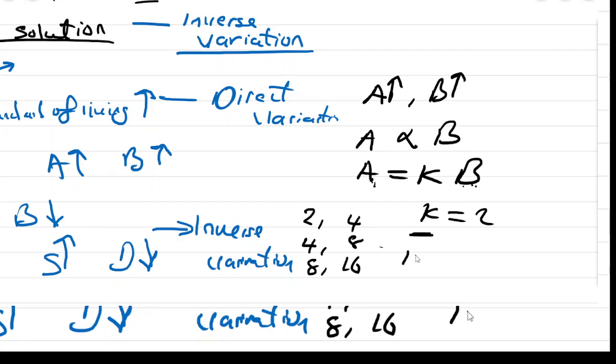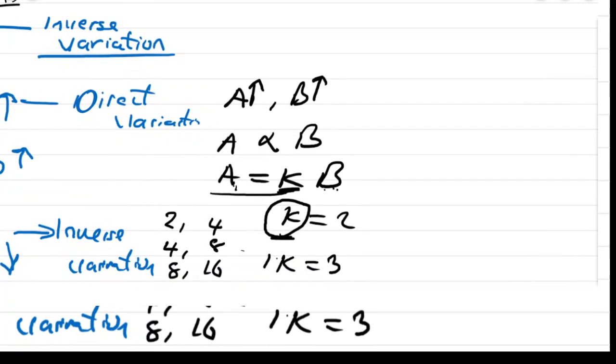So this k tells us how related these two quantities are. If k was 3, they would be related in such a way that if a is 2, b will be 6. This constant k is called the constant of proportionality, and this is the case for direct variation.